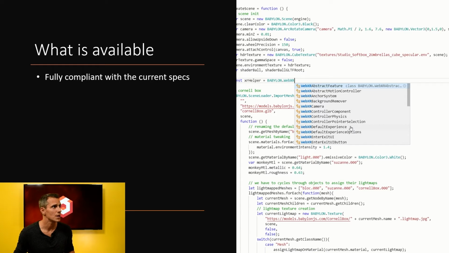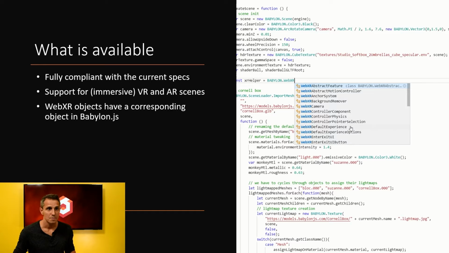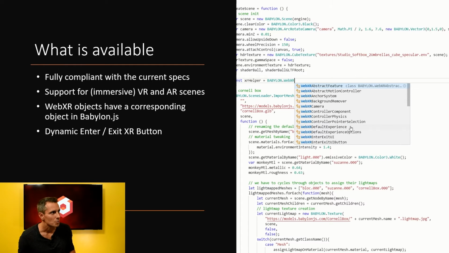What is available today is basically the latest version of the spec, implemented most of the time, with very regular updates. It supports both VR, virtual reality, and augmented reality scenes. I mentioned that every WebXR object has a corresponding object in Babylon.js, and there is a dynamic button to enter and exit AR, so you can customize this here.